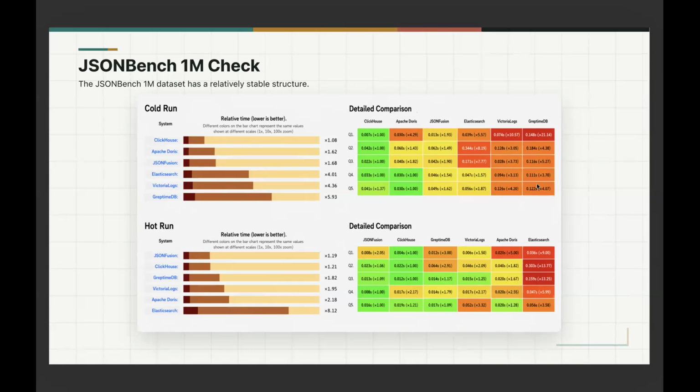GrepTimeDB runs JSON bench by pre-splitting or pre-flattening everything into just leaf columns and storing it in the database. So we can expect at least that they can be even, because we split all the JSON data, or half split it, in the write process. And the result shows our expectation is correct.